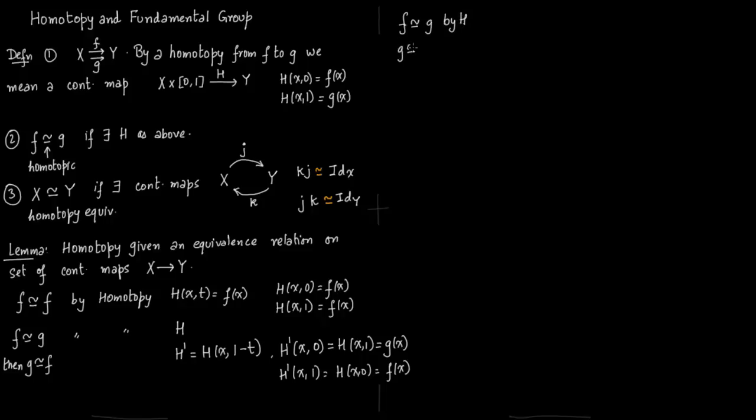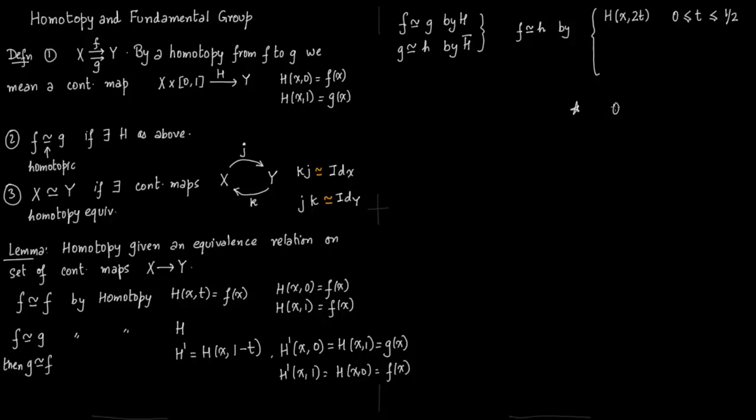So say F is homotopic to G by some homotopy H, and G is homotopic to map K by some homotopy H bar. Then F is homotopic to K by the following homotopy. H of X comma 2T when T lies between 0 and half.